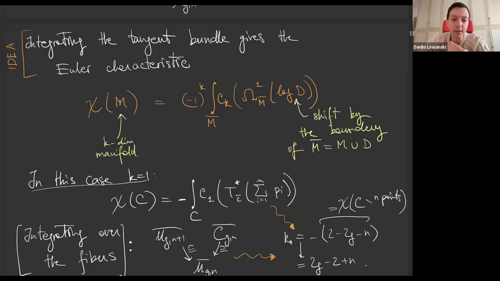the integral over your manifold, sometimes compactified, of the top Chern class. Because this is of dimension k, you need to take the kth Chern class of these differential forms, omega 1, over M_n bar.